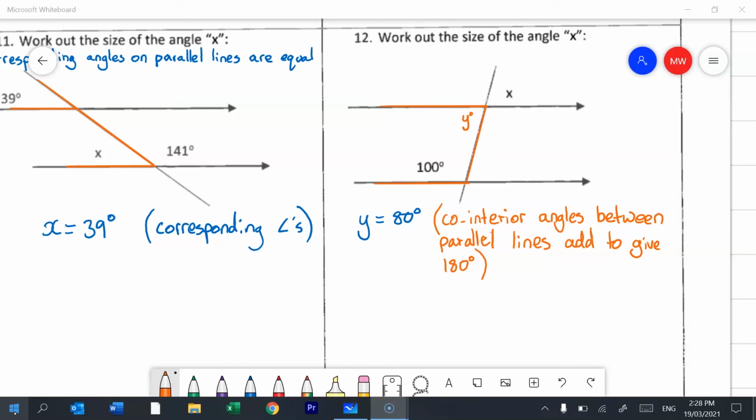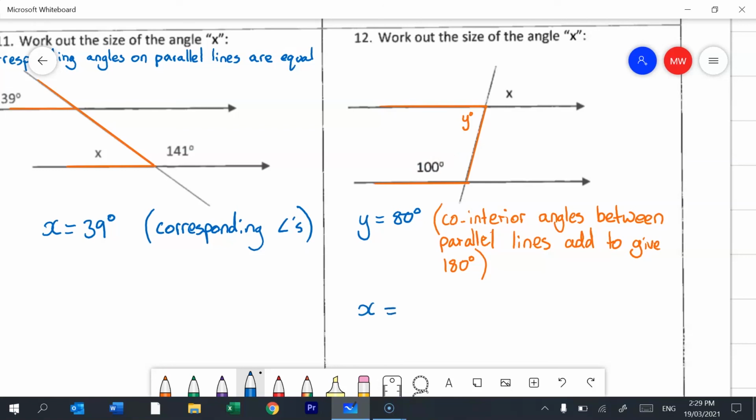And I kind of see co-interior angles as being like a C. Sometimes the C is back to front like it is here, or sometimes it's upside down. But either way, if you've got two angles like these ones in between parallel lines, they will add to give you 180 degrees. Now, we haven't finished the question yet.